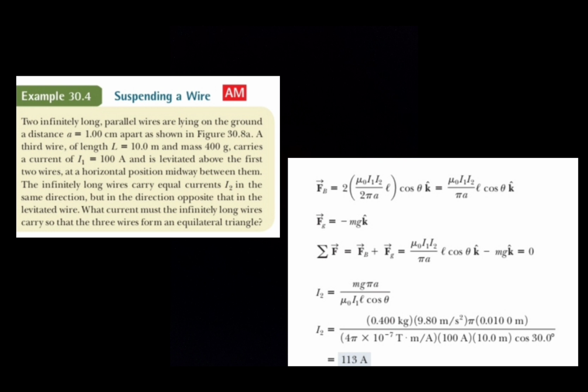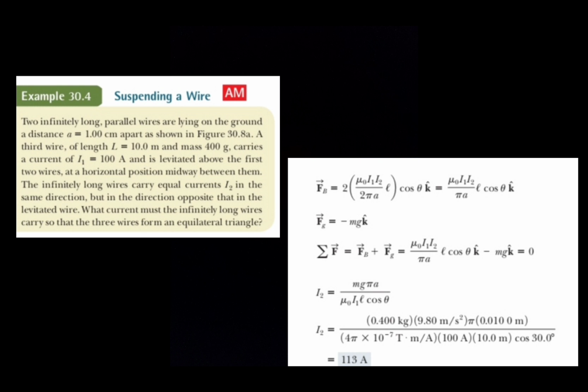Then solve for the current in the wires on the ground. So I2 is equal to mg pi a over mu sub 0 I1 L cos theta. Substitute numerical values.